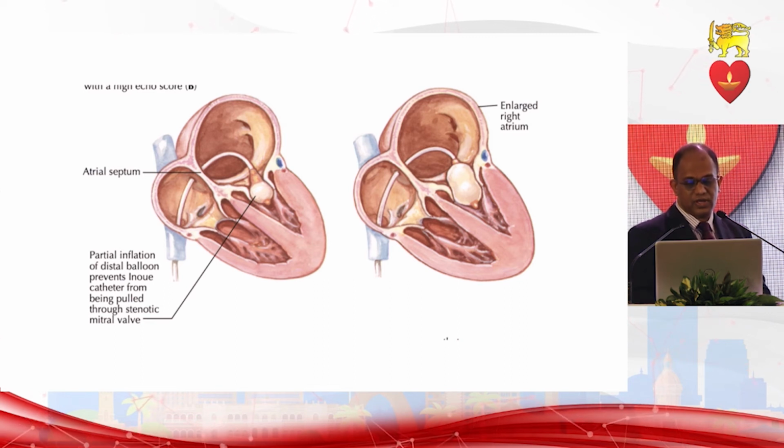That balloon has a special unique behavior where we can dilate the balloon in two stages. Once we put the balloon across the mitral valve and fix the balloon in between the mitral commissures, and once the balloon is fully dilated, we can tear the mitral commissures.